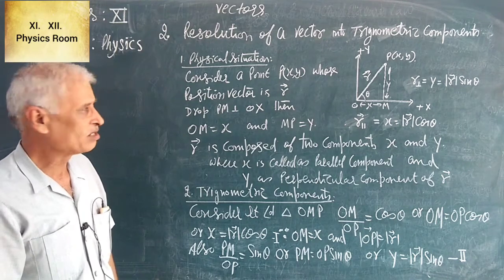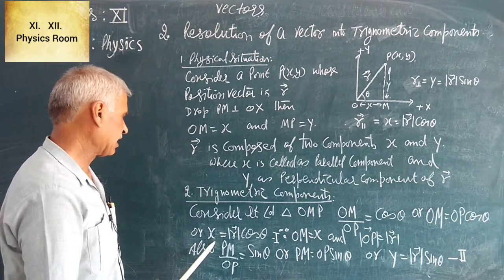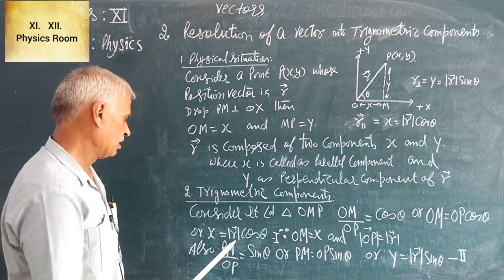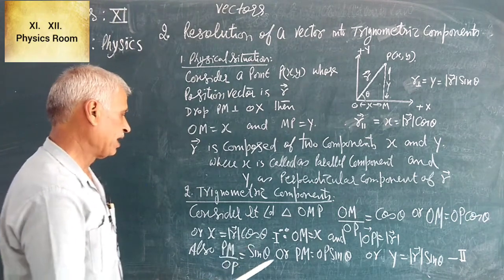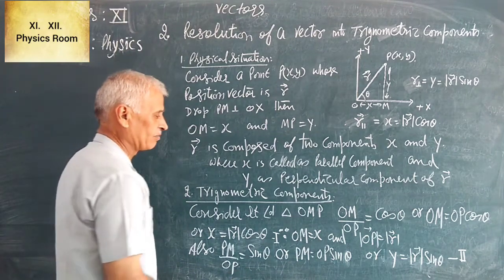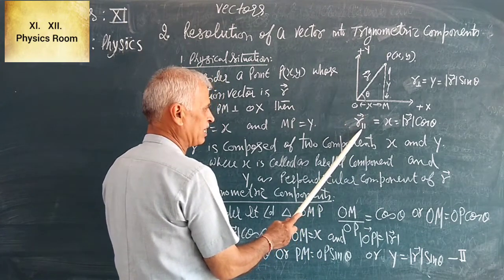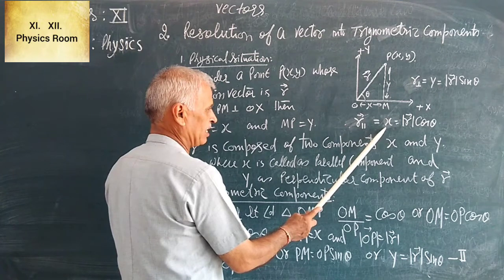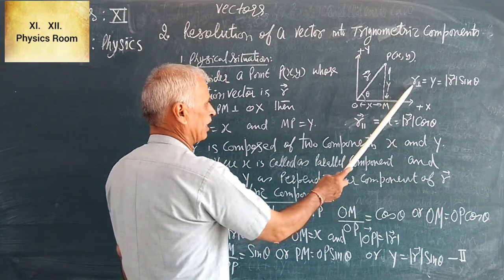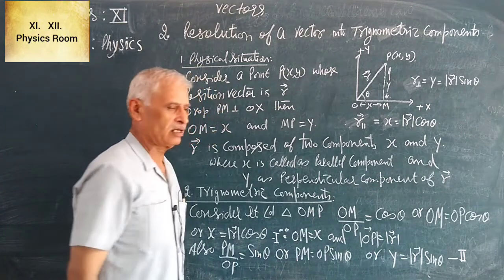So, there are two components of vector r: the x component, or parallel component, as r cos theta, and the y component, or perpendicular component, as r sin theta. So, r parallel is equal to x, which is mod r cos theta, and r perpendicular is equal to y, which is mod r sin theta.